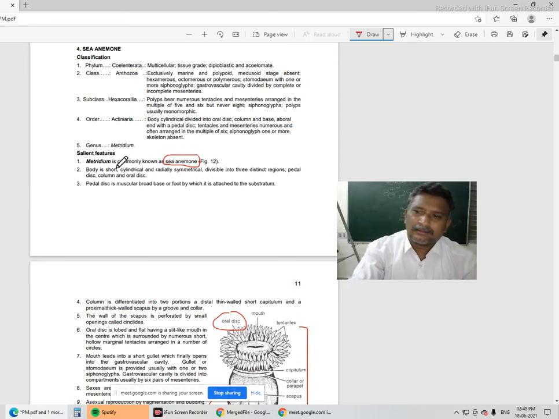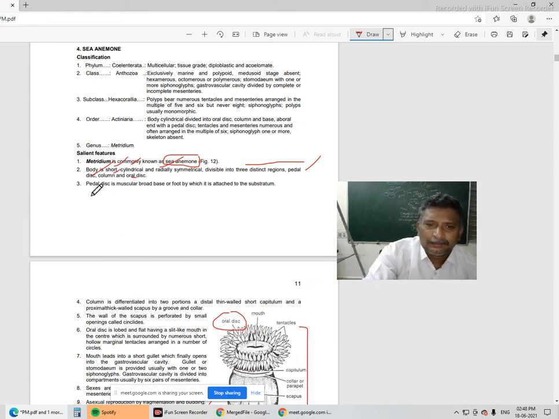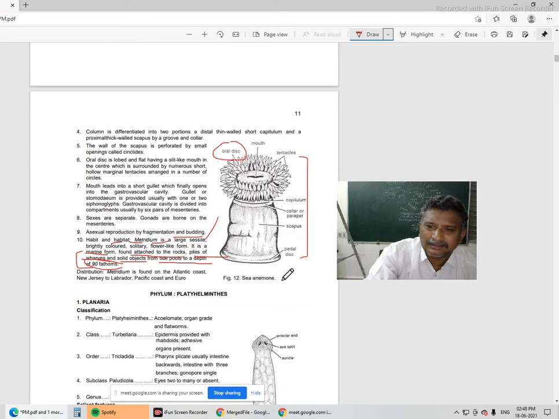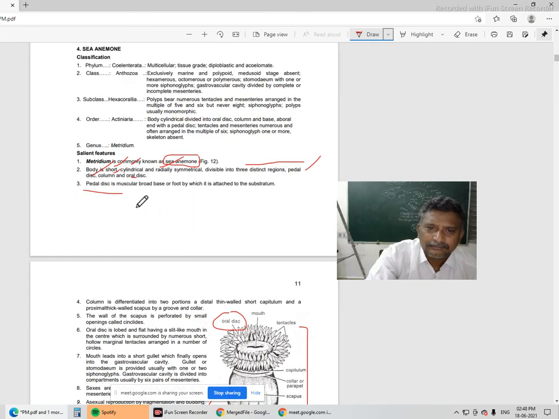The body is a shorter one, cylindrical, radially symmetrical, divisible into 3 distinct regions: pedal disc, column, and oral disc. The pedal disc is the bottom, from here to here is the pedal disc. It is a muscular broad base or foot by which it is attached to the substratum.